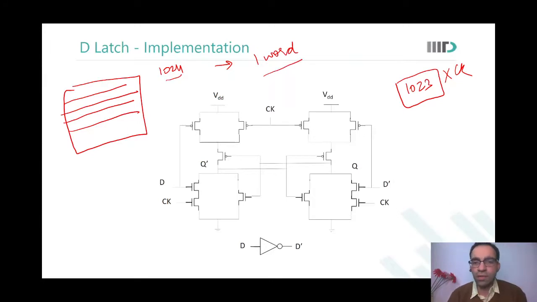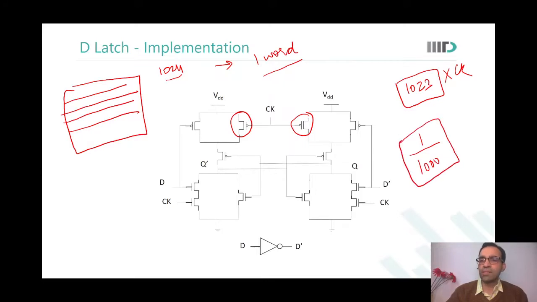In the 1023 words, there's going to be no clock. So if clock is going to be 0, then do you realize that these transistors are almost always on? If I assume that the probability of selection of any word is equal, then the probability of this transistor being off in any given cycle is 1 by 1000, let us say.